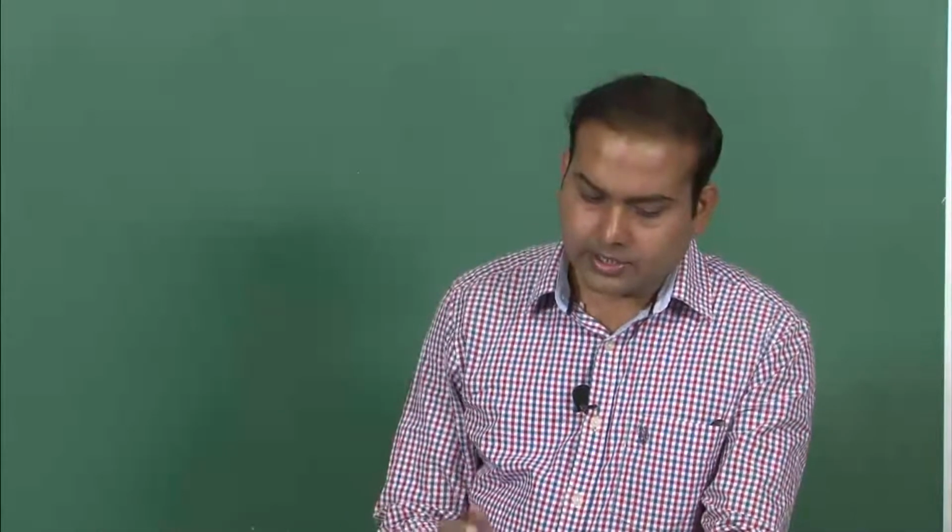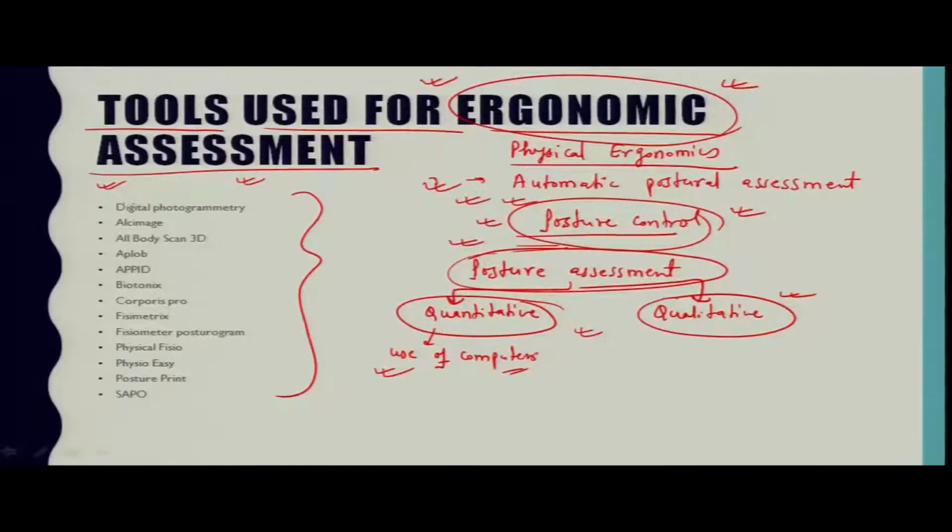In that series, digital photogrammetry is used for postural assessment, and it is a simple and highly precise technique for recording and capturing postural transformation. Another kind of tool is Acclimage.